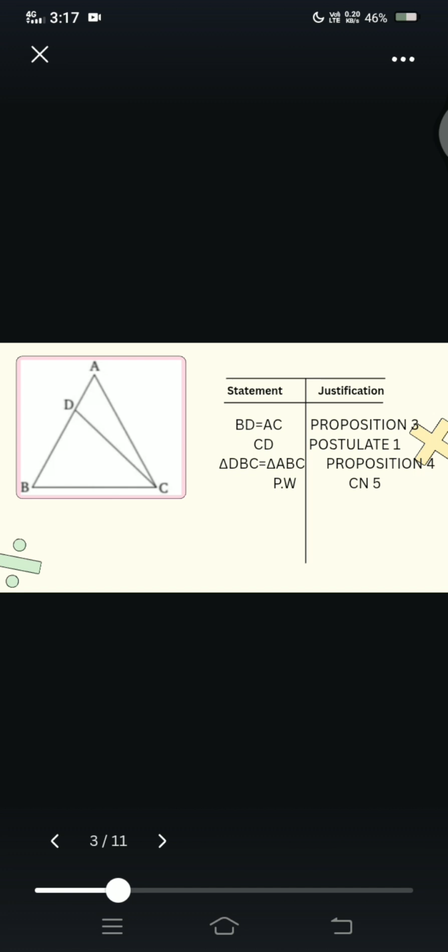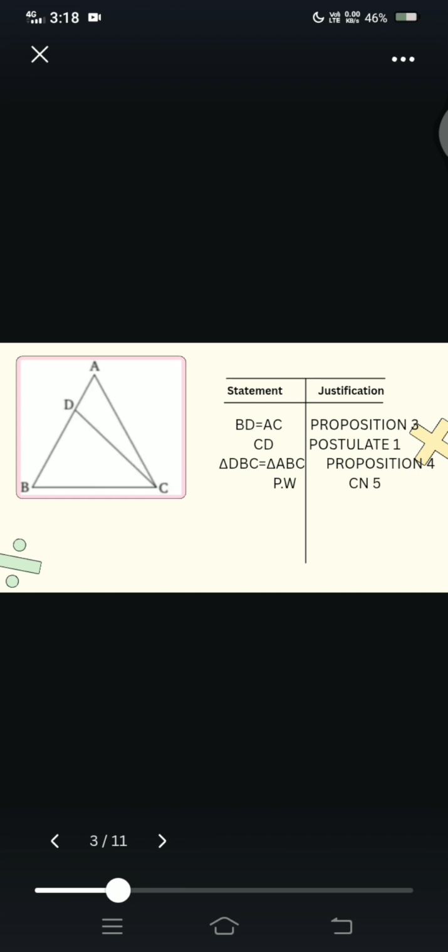We said earlier that triangle DBC is equal to ABC, but triangle DBC is only a part of the whole triangle.